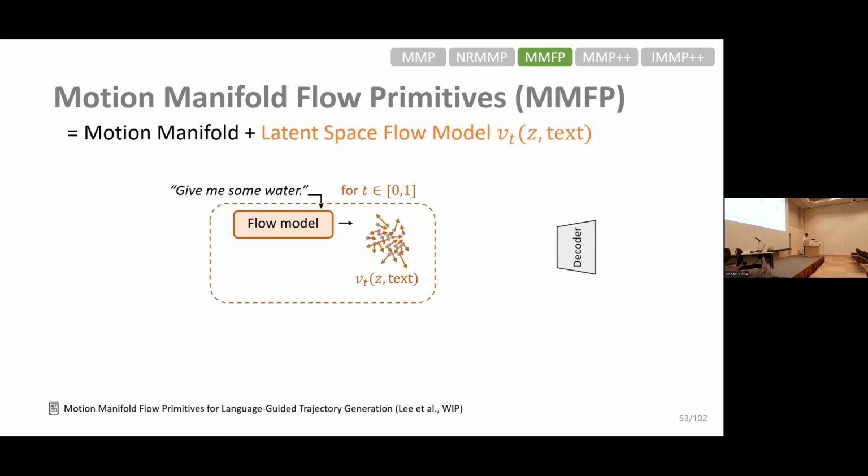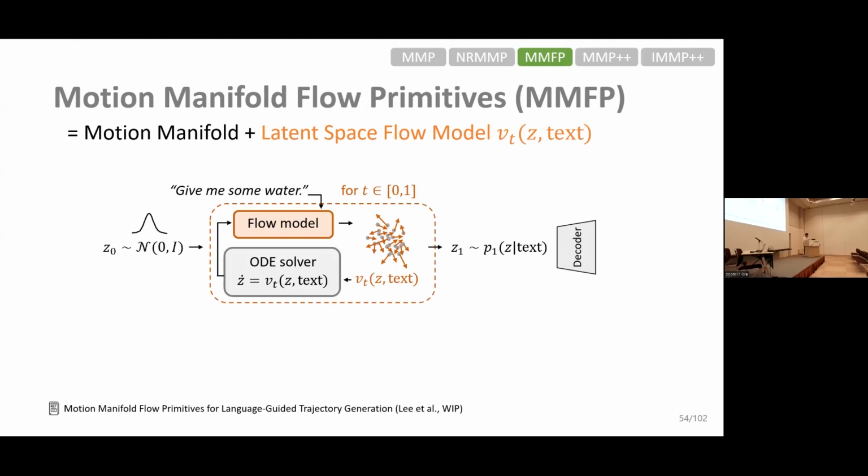In this work, we use a flow-based model, a continuous normalizing flow in the latent space. We train a neural network time-dependent velocity field, which takes a text and the current latent value as inputs. Then samples of a Gaussian distribution follow the velocity field, or the ODE, flowing from time 0 to 1, and ultimately become samples of the text conditional distribution in the latent space.